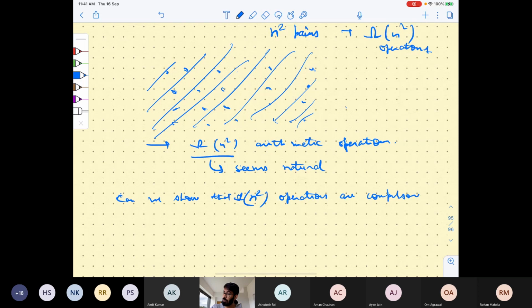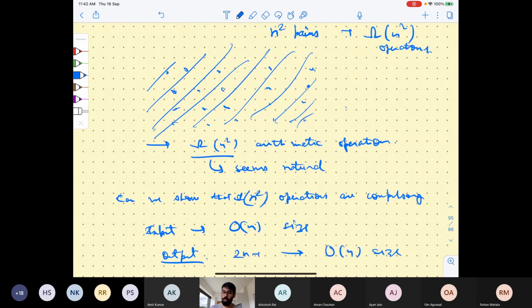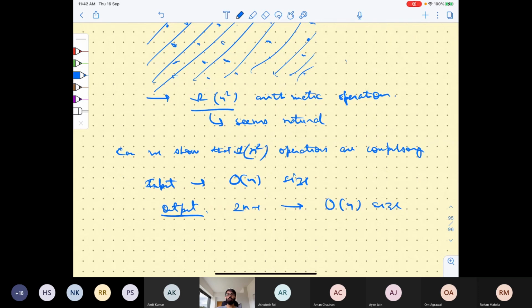And that doesn't seem very obvious. Why? Because the input is two vectors of length n, so order n size. And what is the output? One vector of 2n size, right? So order n size. So we finally have to compute only order n many coordinates, right? We don't have to compute n square many coordinates.